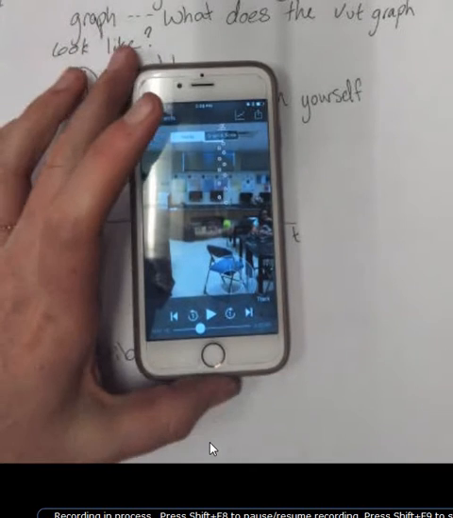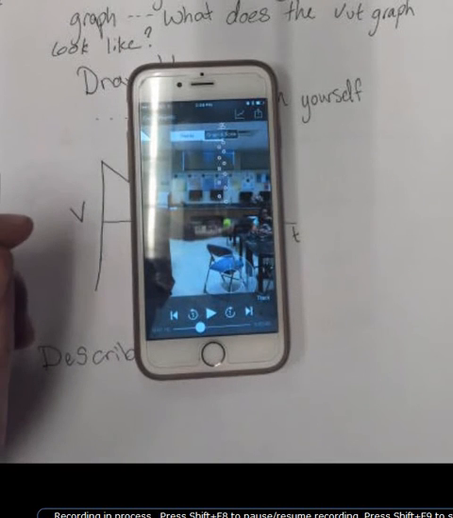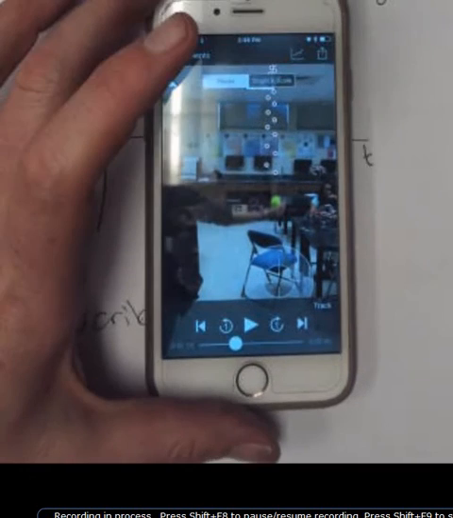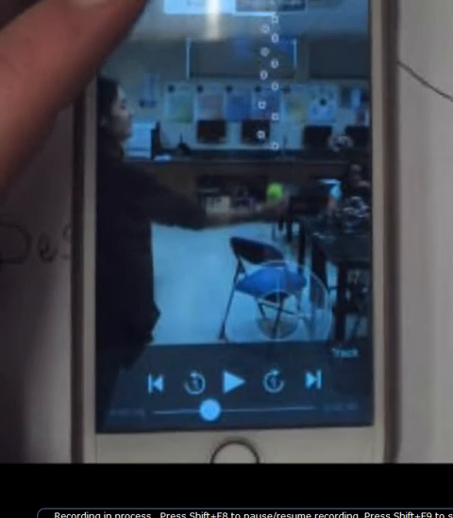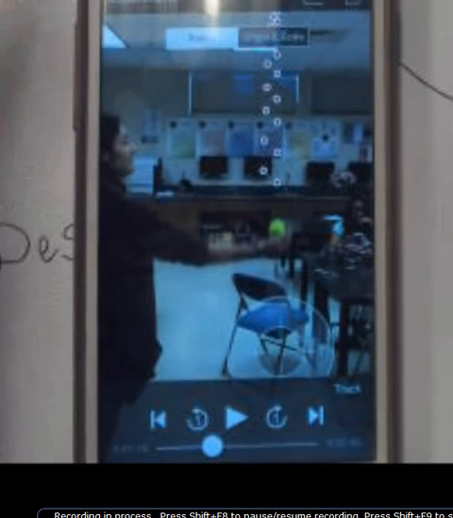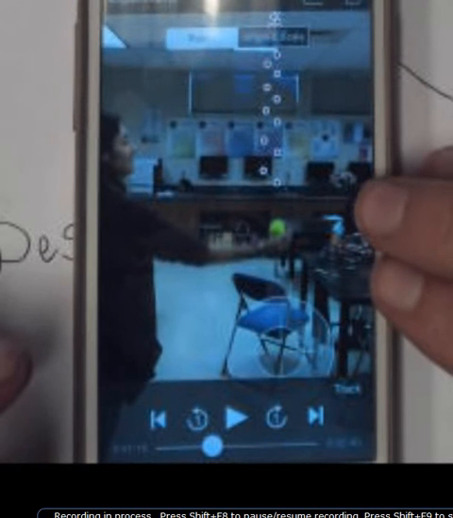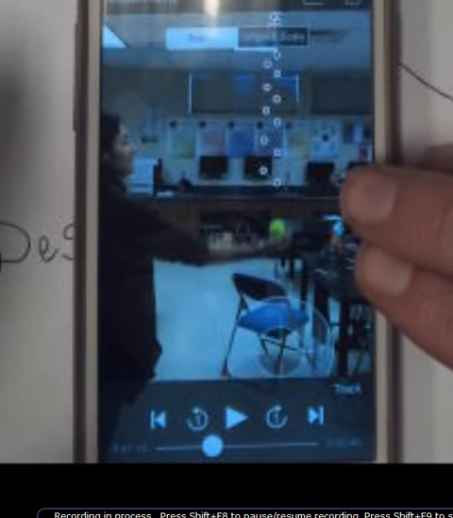Here we're back to the Video Physics app, which, seriously, if you can in any way, shape, or form get hold of this app, I strongly, strongly, strongly encourage you to do it, because you can use it when you're designing your own labs.